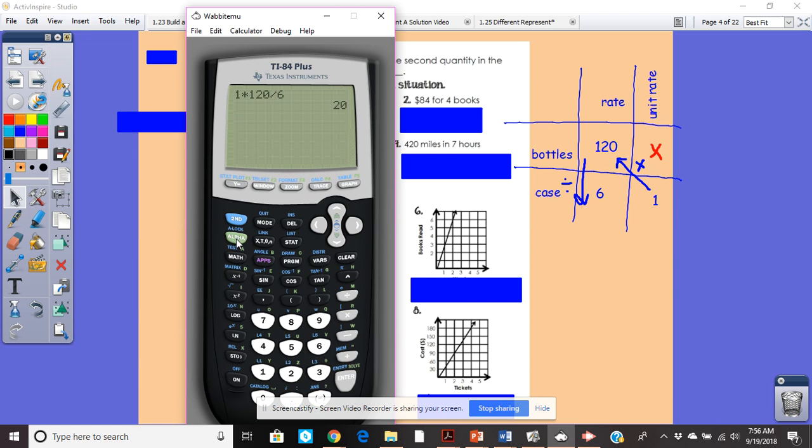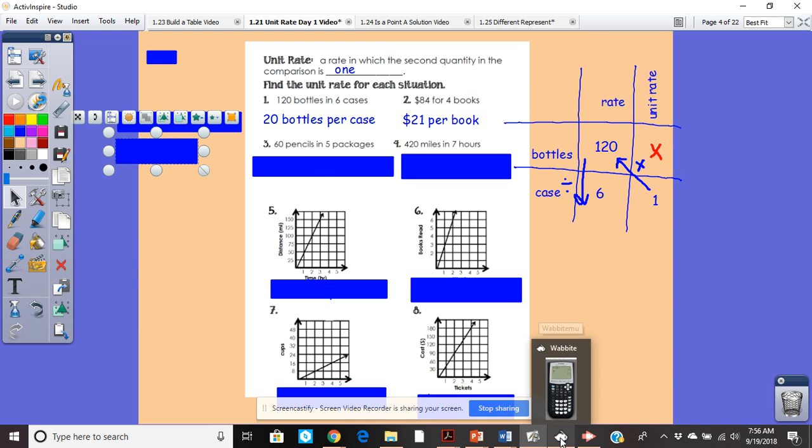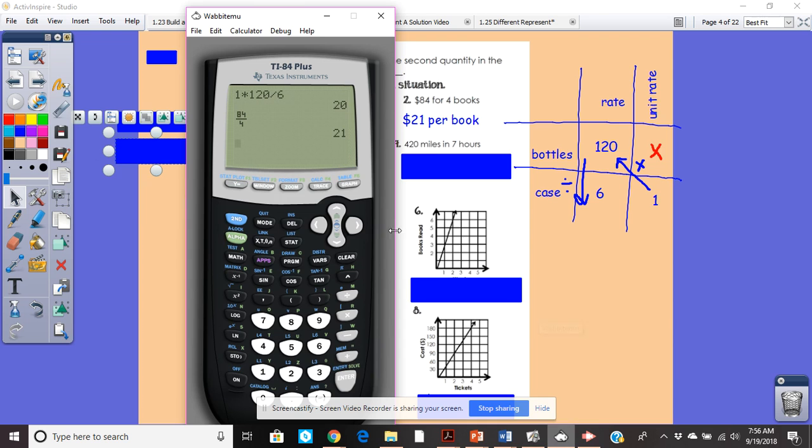So in this case, you could just put a fraction in, and so the money would go on top and the books would go on bottom because I want to know how much one book costs. And so here it gives you an answer of 21. So it would be $21 per book. So either method works. Just make sure that you're putting the right pieces in the right places.